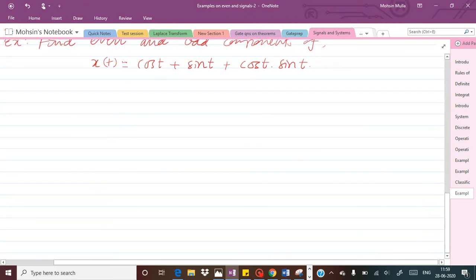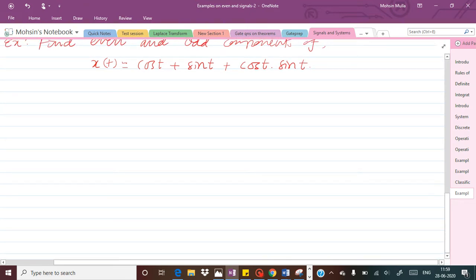Now x of t is given. In order to find the even component and odd component, we need to have x of minus t. So let us find it.